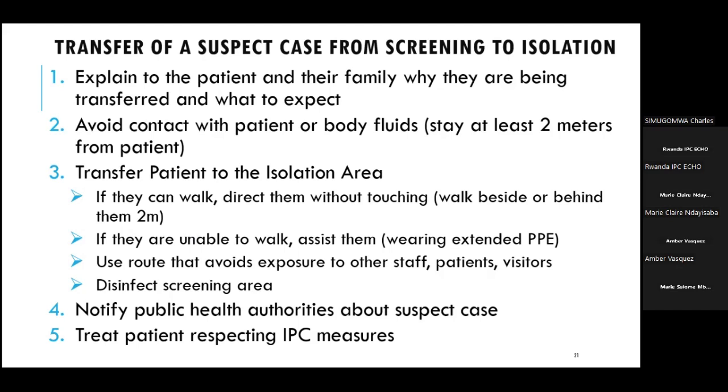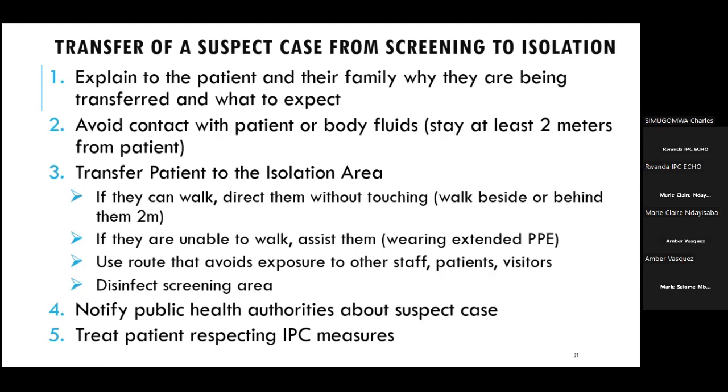We have to avoid a route where the person can expose many people. We have to look for the route which avoids meeting different people or passing through other departments, and disinfect the screening area.